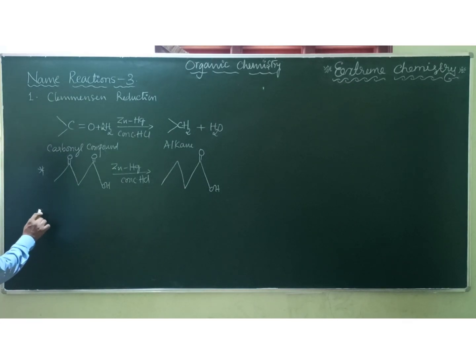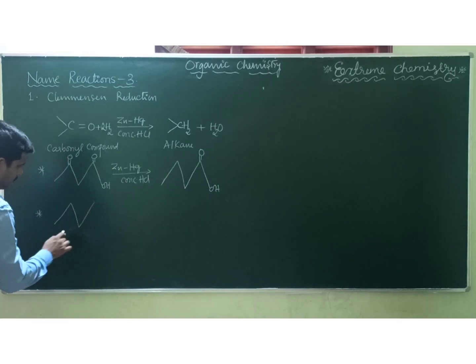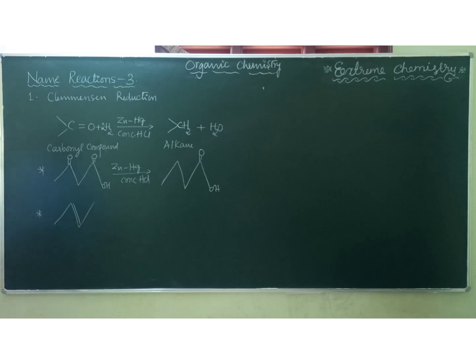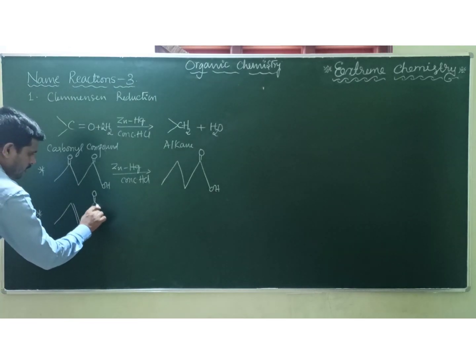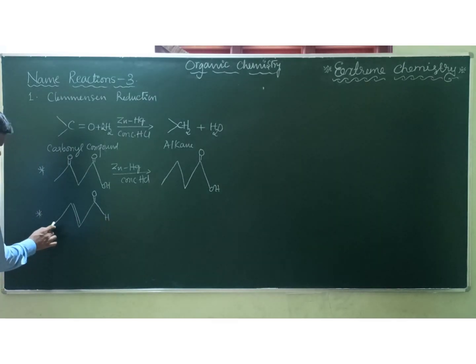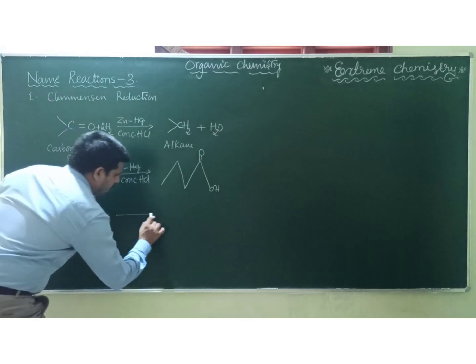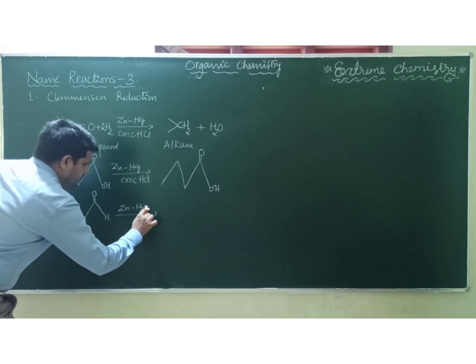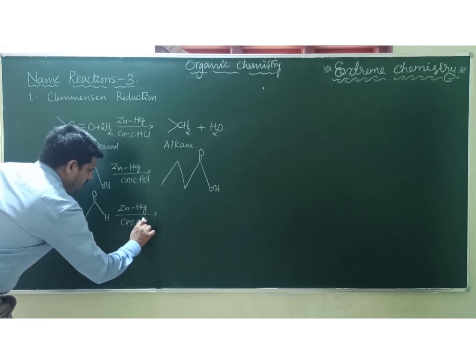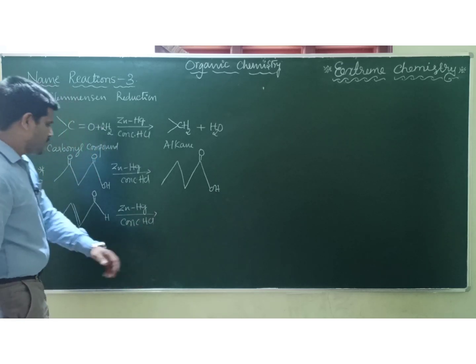Also, one more example if I take a double bond like this. Okay, so I have here a double bond and an aldehyde. What is this compound? CH3, CH, double bond CH, CHO. It's an aldehyde group. Under similar conditions, that is zinc amalgam and concentrated HCl, what happens?